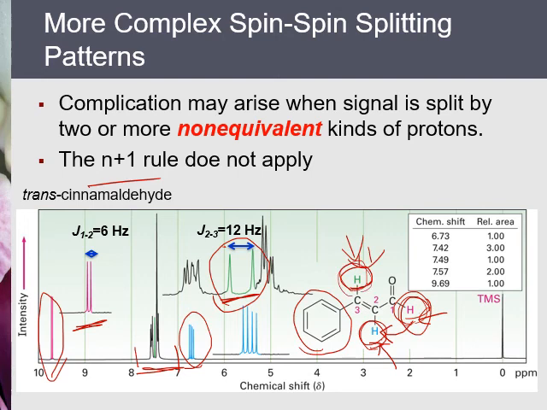In other words, these 2 couplings have different coupling constants, and therefore you cannot use the N+1 rule. So when a hydrogen couples with non-equivalent protons, the N+1 rule doesn't apply.